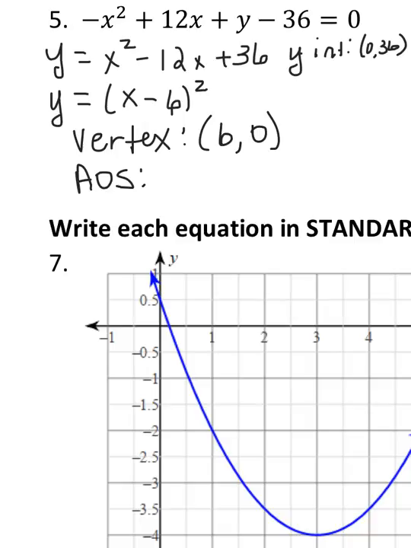So the axis of symmetry is a line, so we need to write it as a line, x equals 6. So this value for 6 and the value for the x in the vertex should be the same number because the axis of symmetry goes through your vertex. Just make sure that you write the axis of symmetry as the equation of a line, x equals 6.